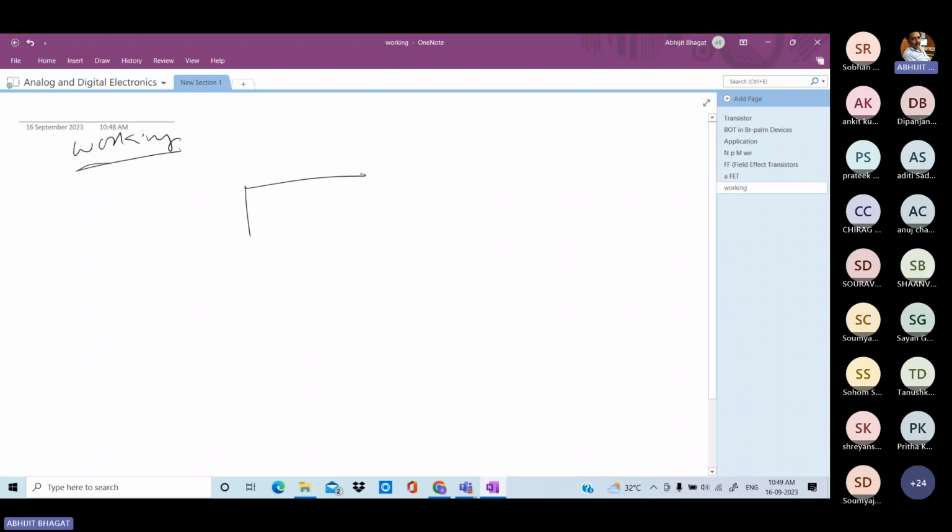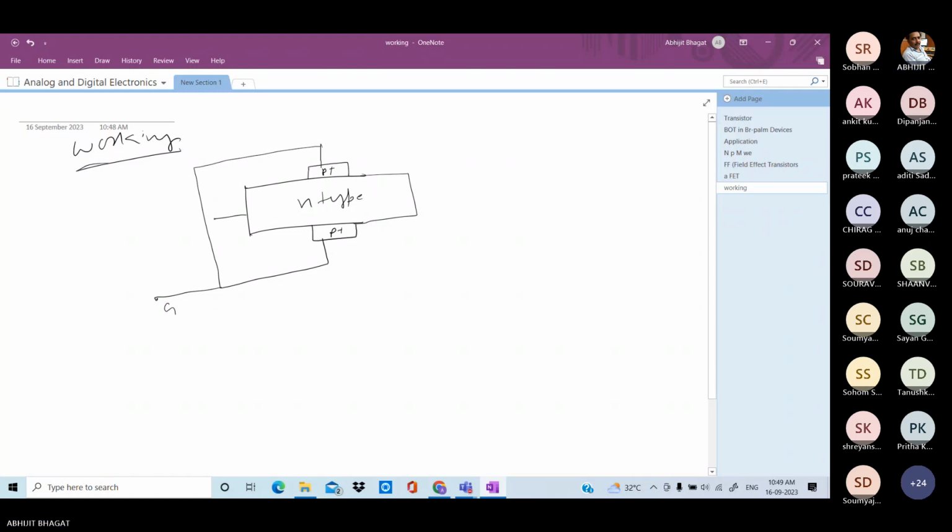For the N channel, this bar is of N type. Top side P plus region, bottom side P plus region. These two P plus regions are shorted. There is the gate terminal.